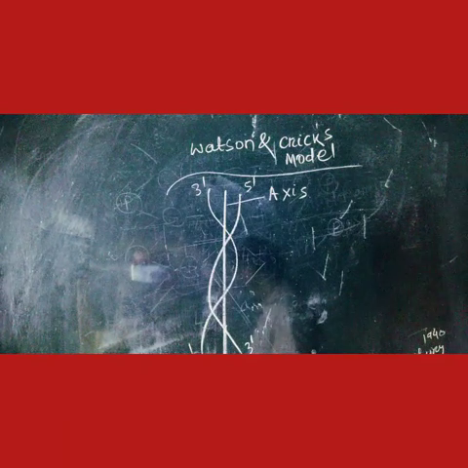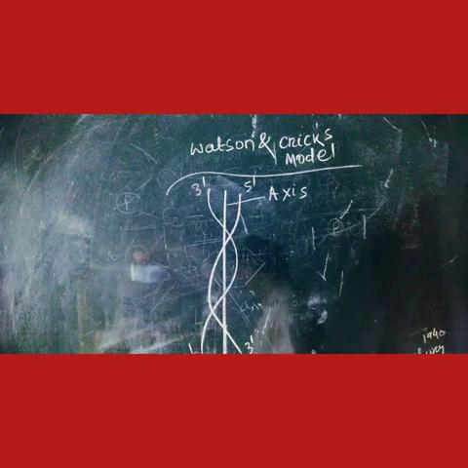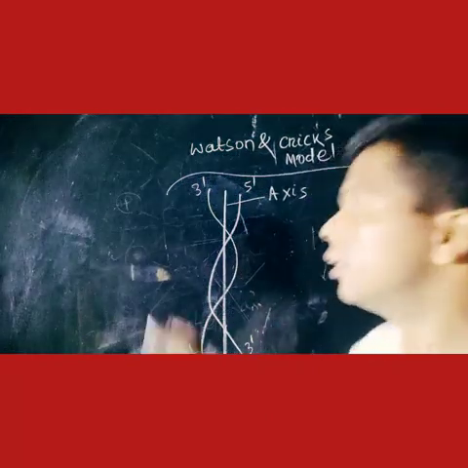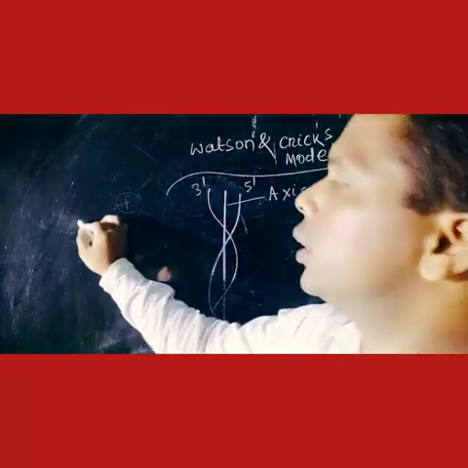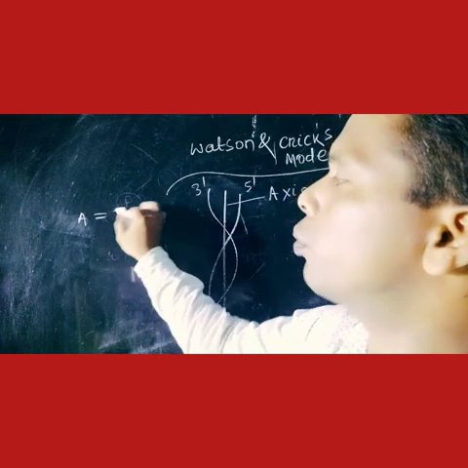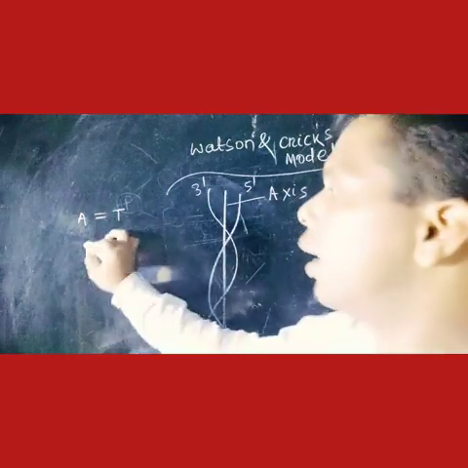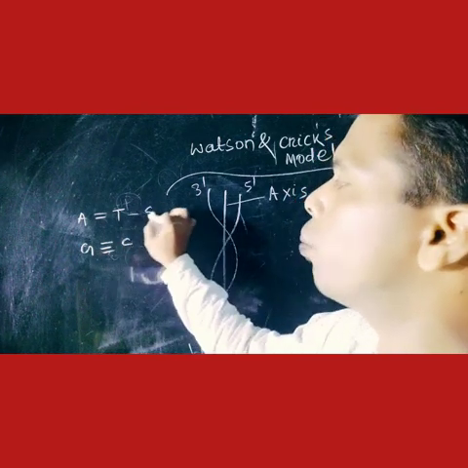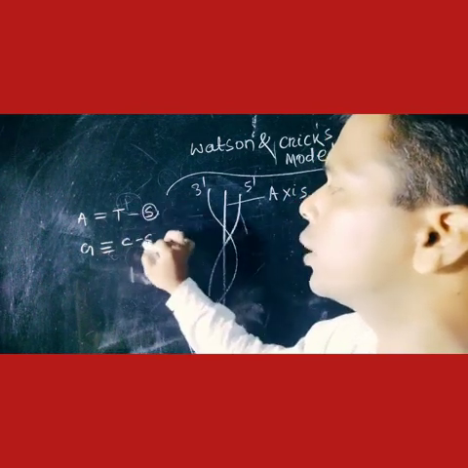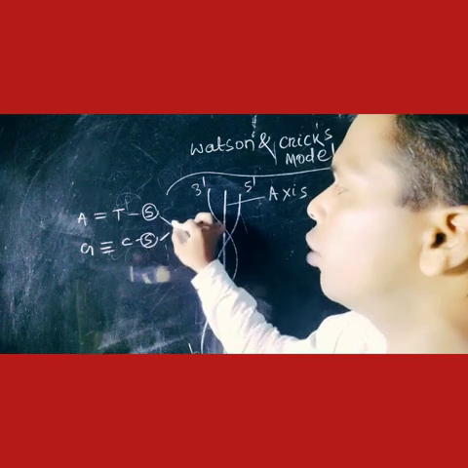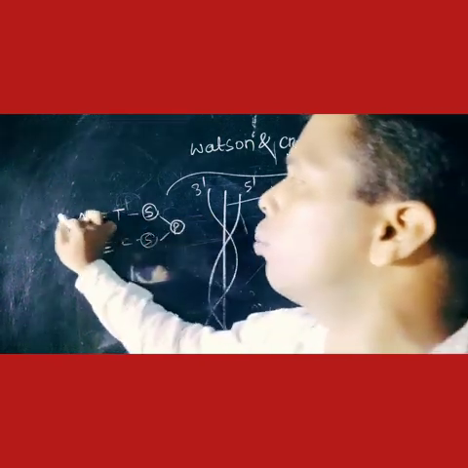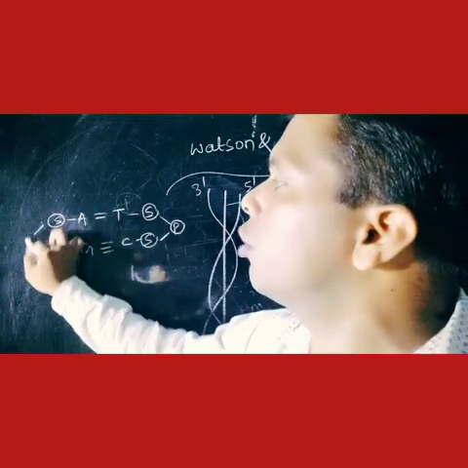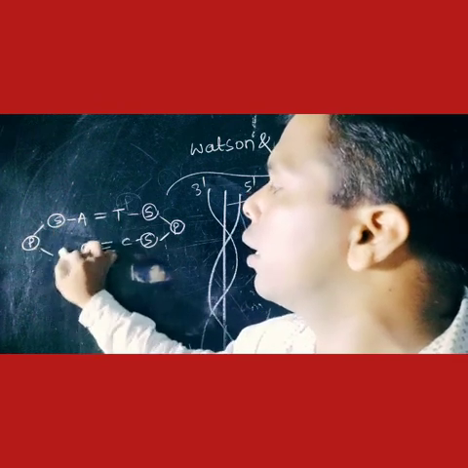The double-stranded DNA molecule has a diameter of 20 angstrom. How can the diameter be calculated? Suppose this is a base pairing adenine thymine, another base pairing guanine cytosine. The bases combine with sugar, again phosphate, again sugar, phosphate.